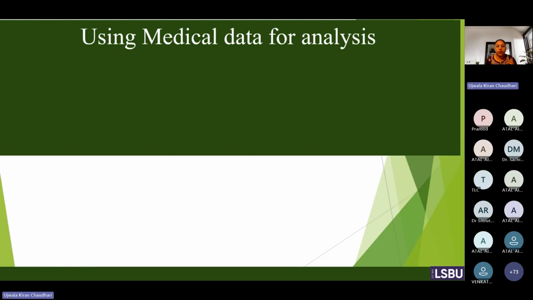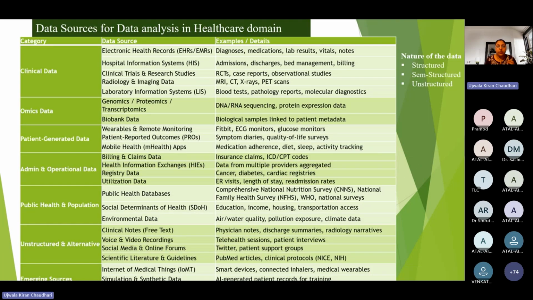So yeah, using the medical data for analysis. Before we move towards biomedical imaging analysis, I tried listing different data sources over here, which come under the healthcare domain. And why I'm listing them here is because we may use these different sources together to improve our accuracy.